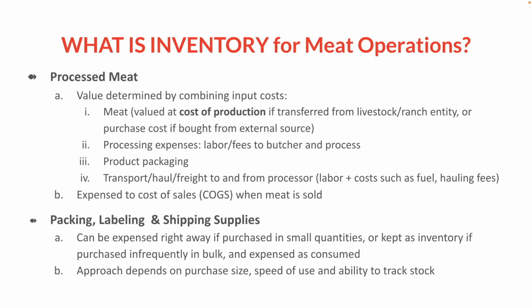So in this case, it's okay to record that as inventory, and then every month or every period you will expense the portion that you've used up. You would do that if you buy a lot and you're not moving them very quickly. So it has to do with how much you buy and how quickly you are using it up.